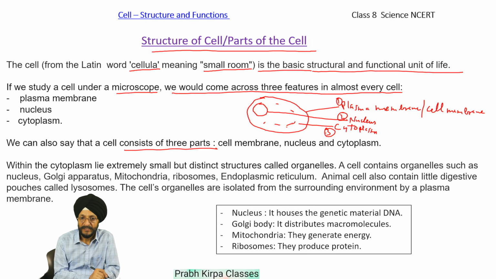Within the cytoplasm lie extremely small but distinct structures called organelles.